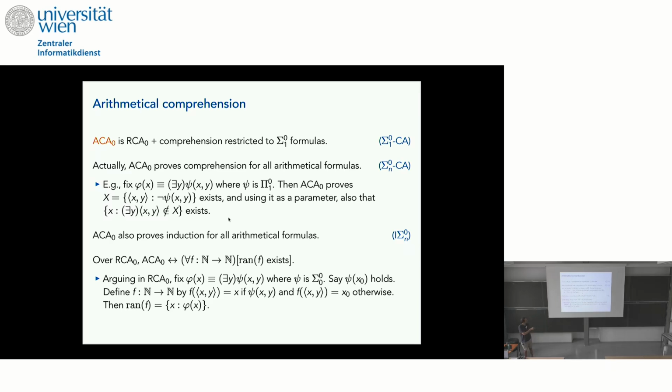Each time, we set f of x,y equal to x if y is the witness for phi holding of x. Does that make sense? And otherwise, we define this to be x0. Now we have exactly that the range of f is the set of x's.